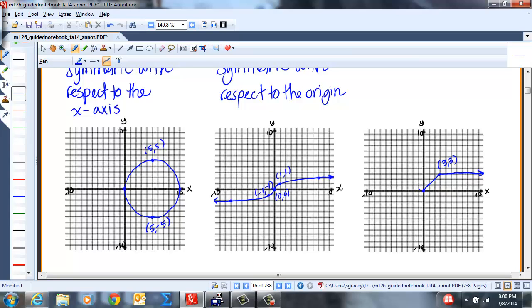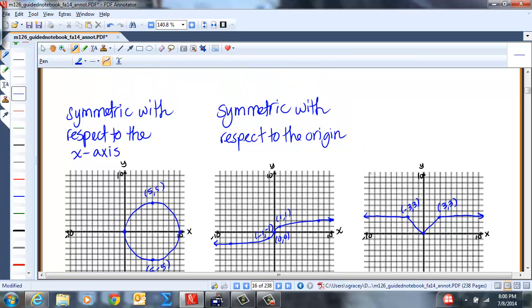And then let's say we had this point. This is negative 3, 3. So what would you say about this one? Good. It's symmetric with respect to the y-axis.